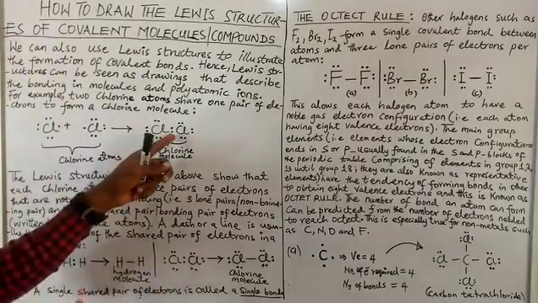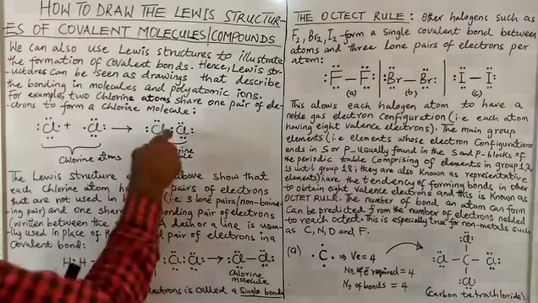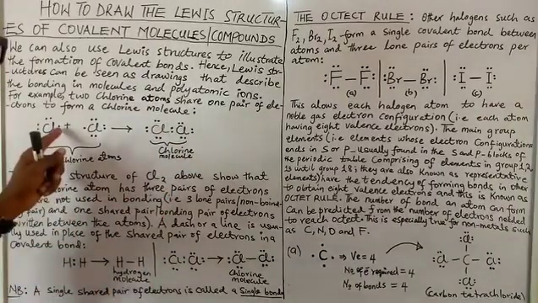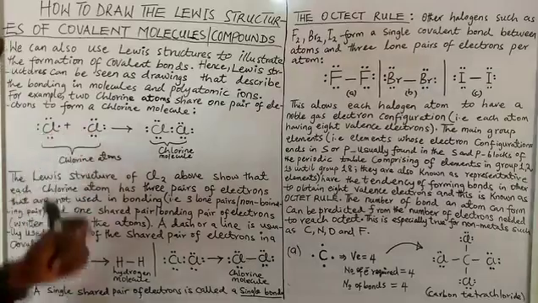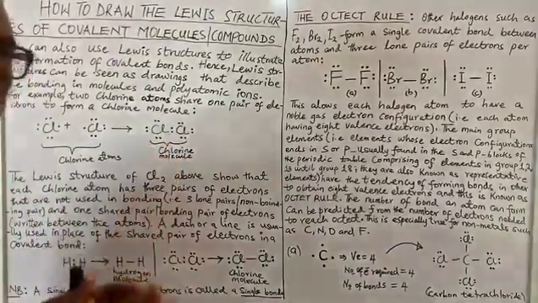And that sharing creates what we call a shared pair. When this chlorine atom brings one electron, and this chlorine atom brings one electron, they come close enough and they share those two electrons.